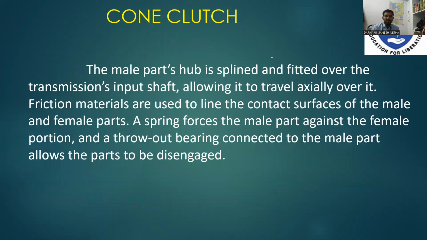The male part is splined and fitted over the transmission input shaft, allowing it to travel axially. Friction materials are used to line the contact surface of the male and female parts. A spring forces the male part against the female portion, and a throw-out bearing connected to the male part allows the part to be disengaged.